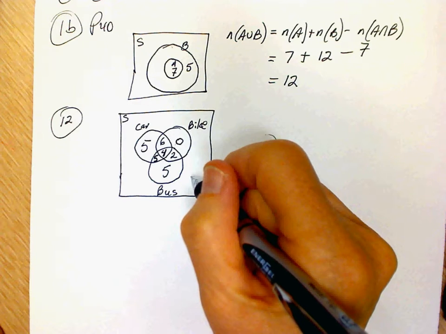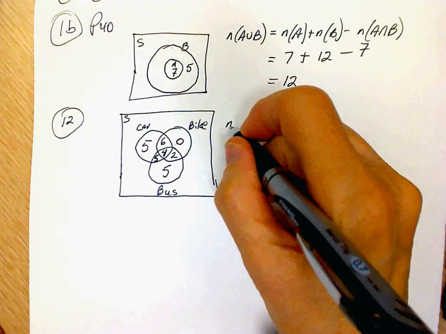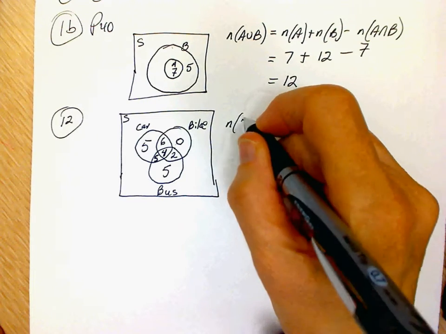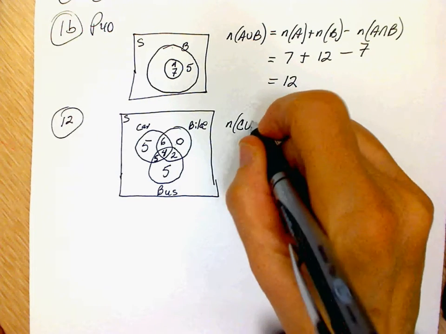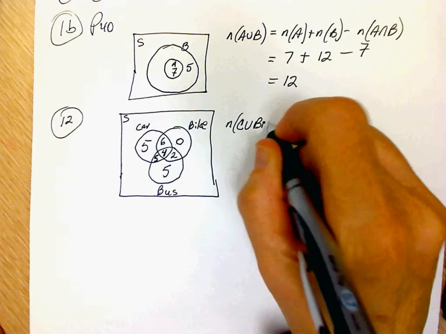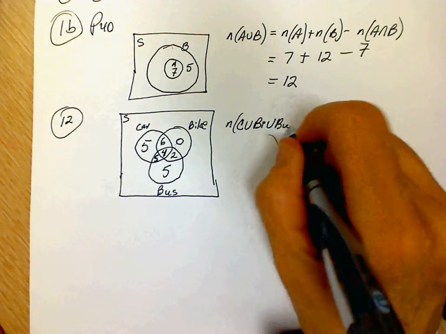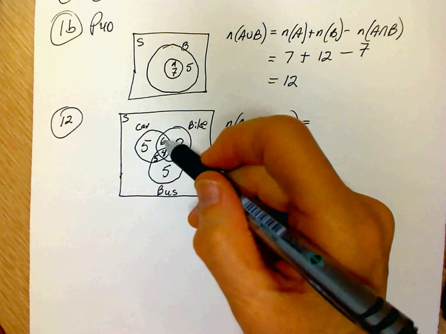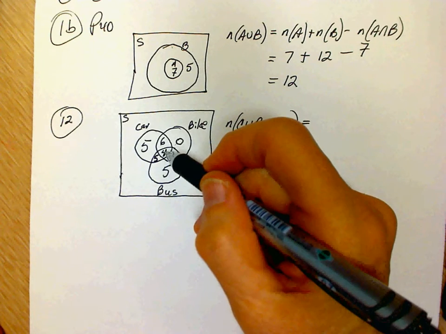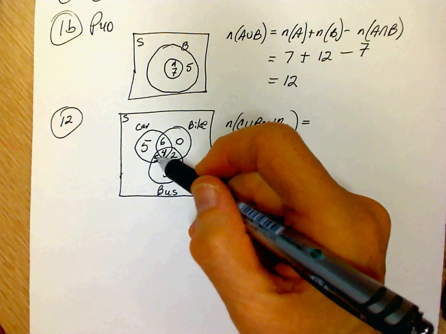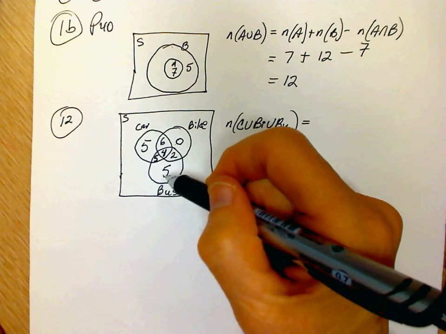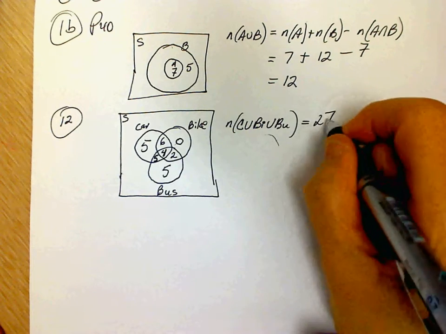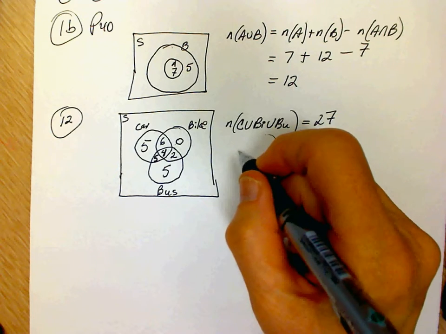So if we were to do the number in the car union bike union bus, we would get 5 plus 6, 11, 15, 20. This is 27. But there are 29 in his class.